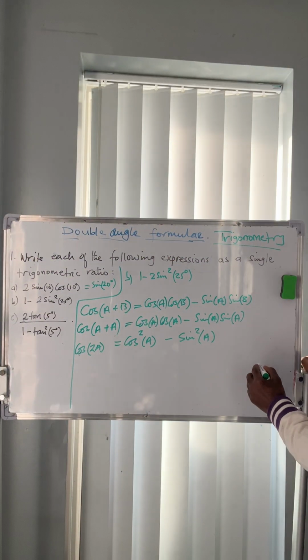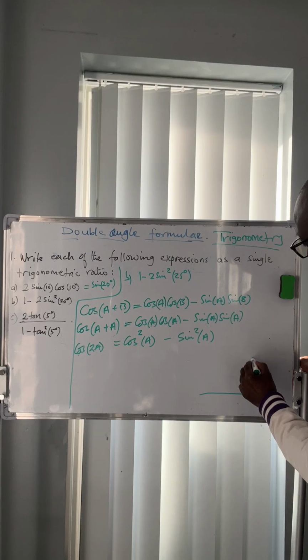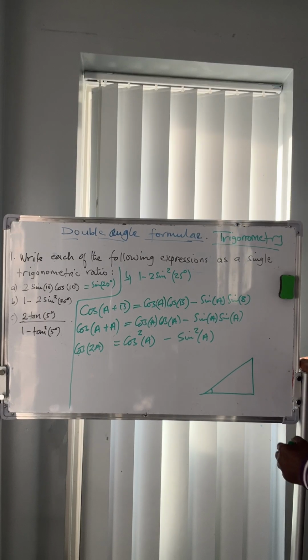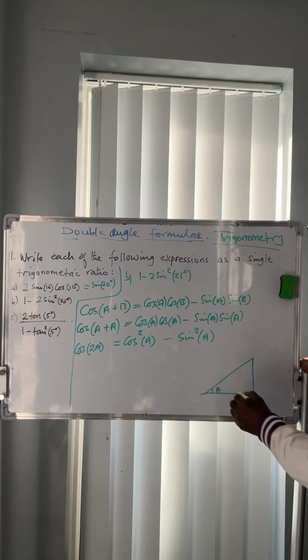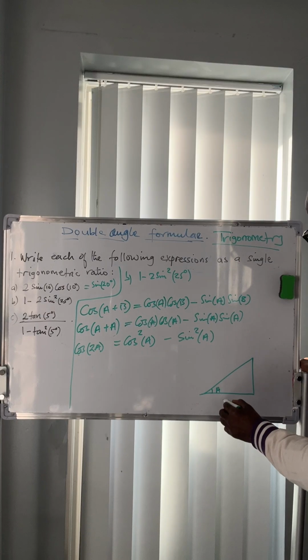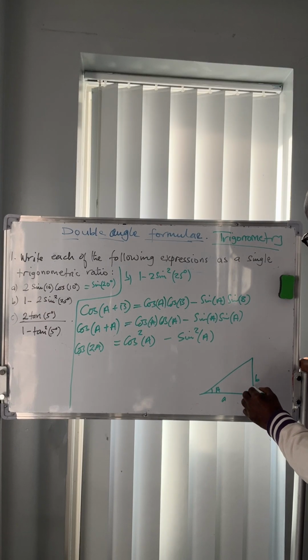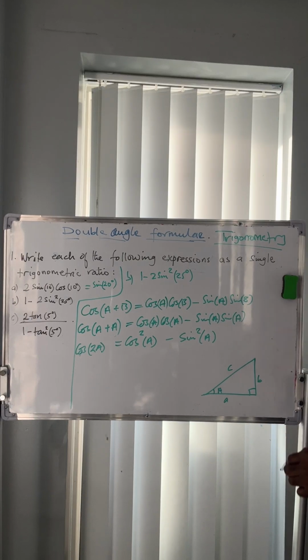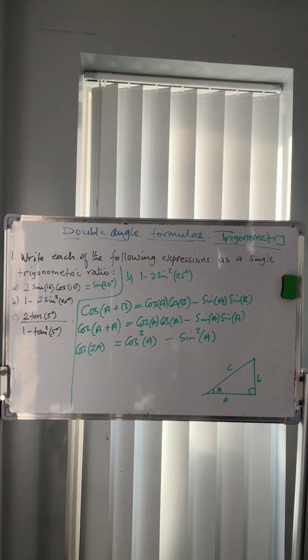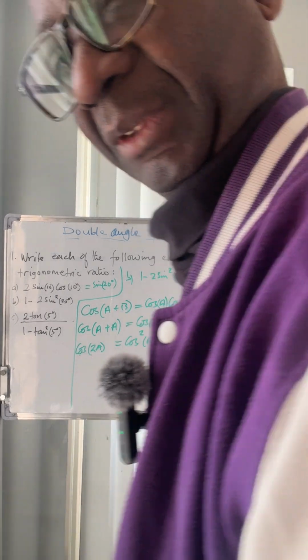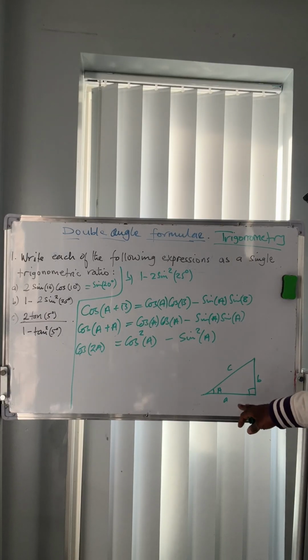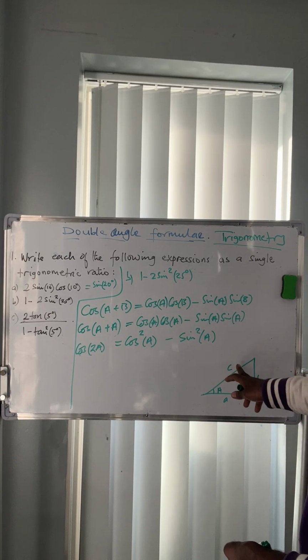You know that from your right angle triangle, with sides adjacent, opposite, hypotenuse.